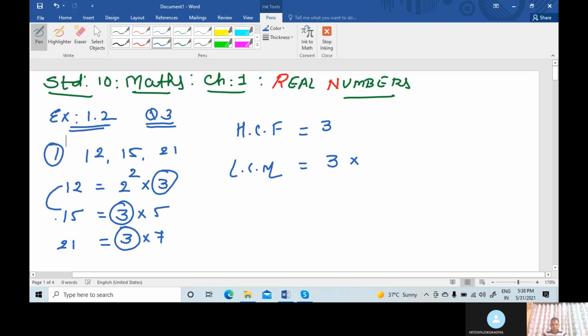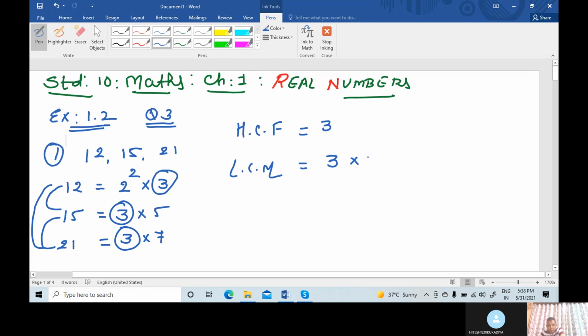No. 15 and 21, any factors common? No. 12 and 21, any factors common in these two? No. So now write all the remaining factors of 12, 15 and 21.